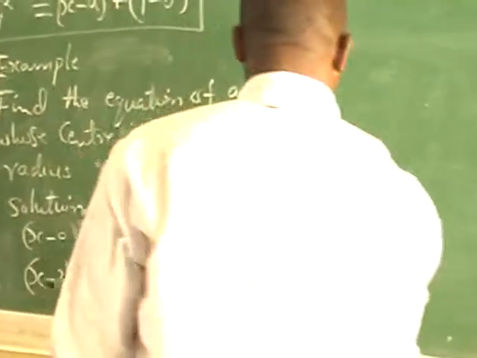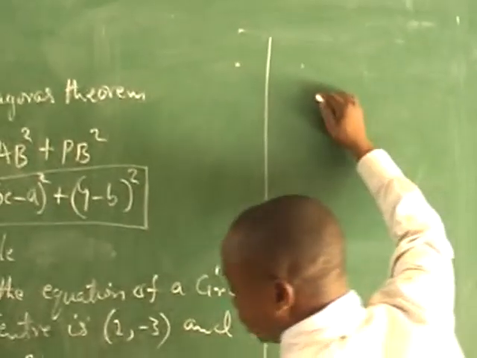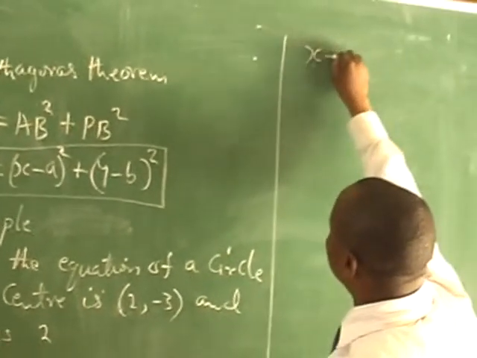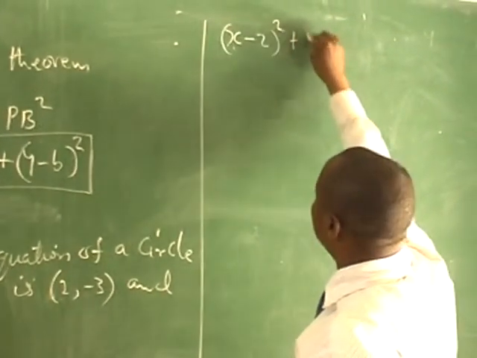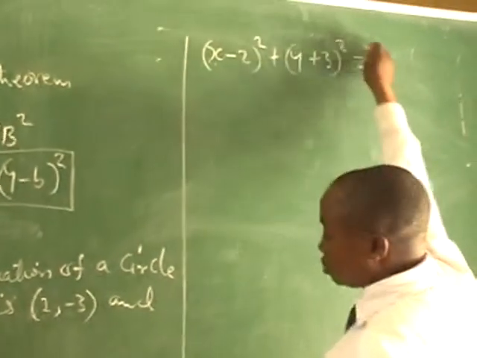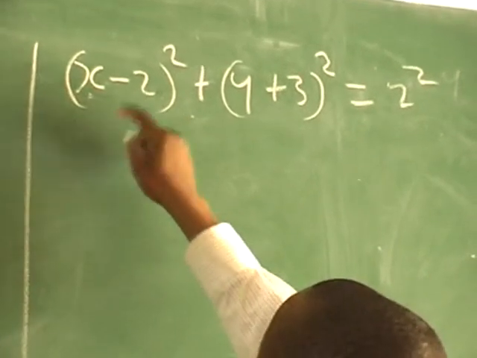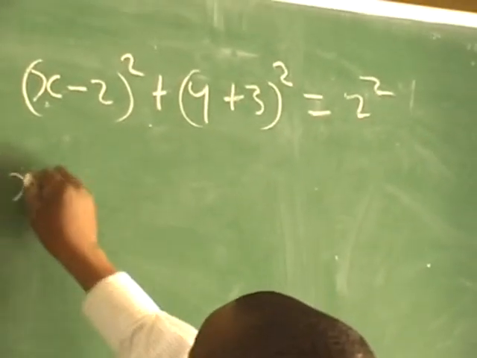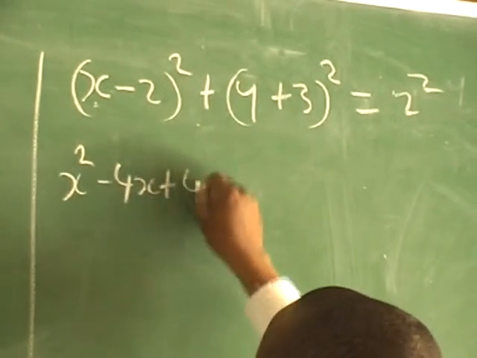So by this you have x minus 2 squared plus y plus 3 squared will be equal to 2 squared. So expanding this, we have x squared minus 4x plus 4.